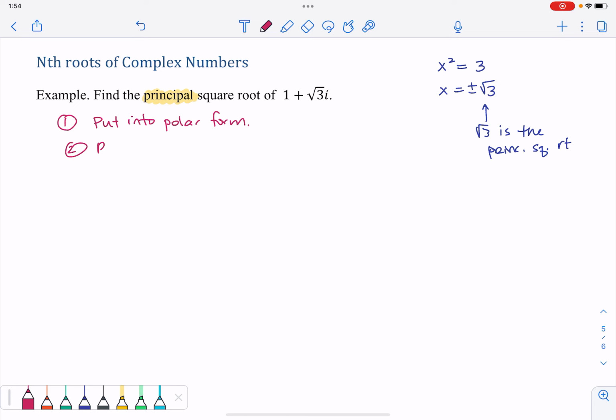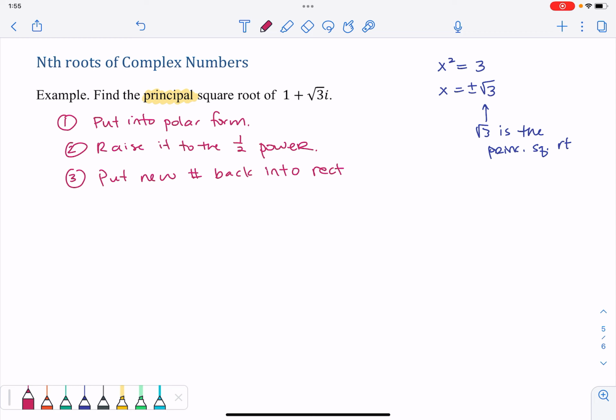Then we're going to raise it to the 1/2 power, because I know that this fractional exponent of 1/2 is the same as taking the square root. So we'll do that, and then put that new number back into rectangular form. Sometimes you'll hear that as standard form. Okay, so let's do step 1.